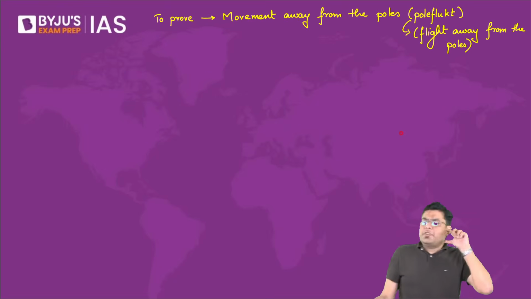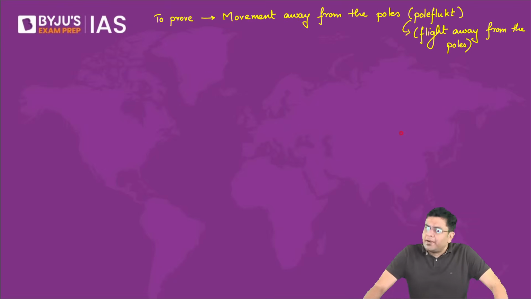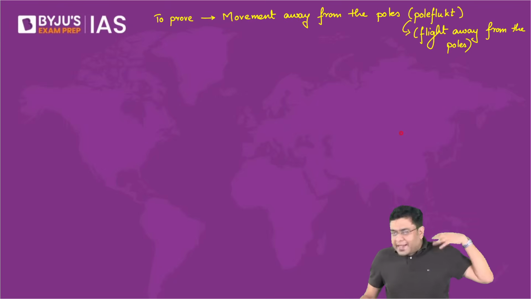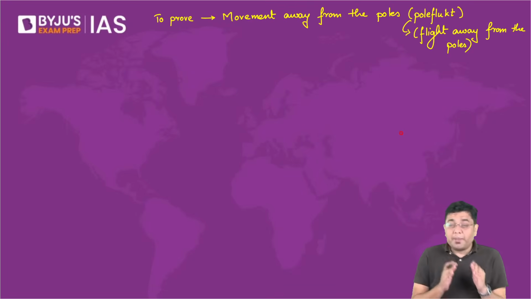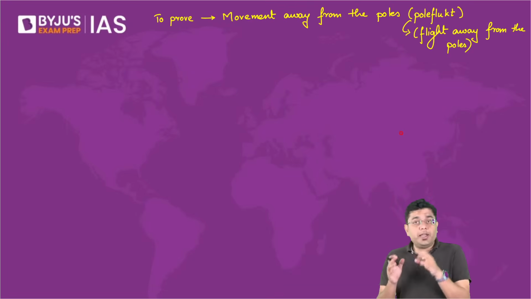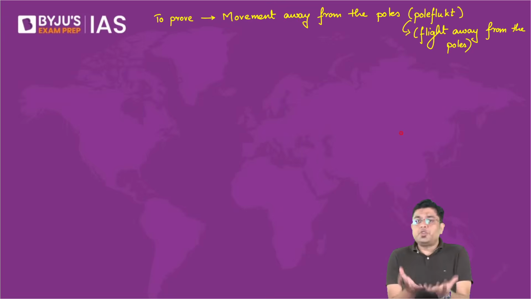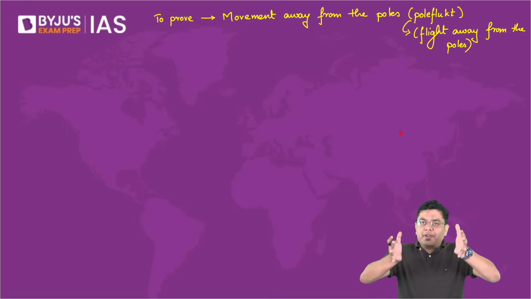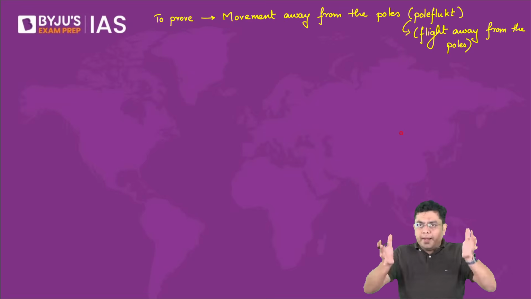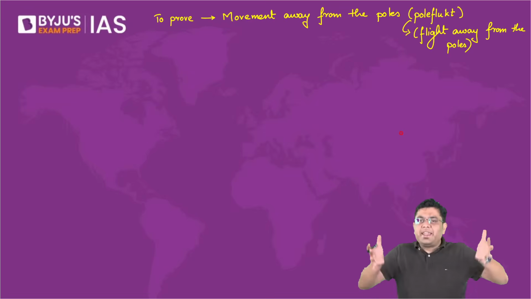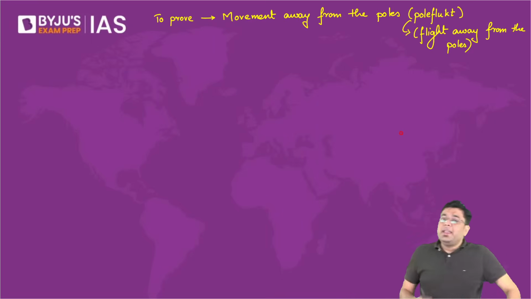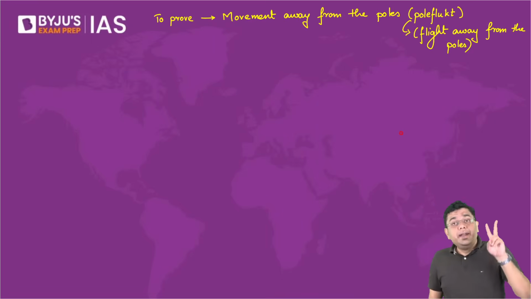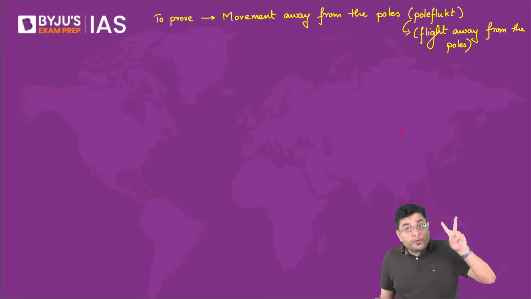So basically, he was absolutely convinced that the Gondwana land significantly had various different continental masses, including South America, Africa, India, Australia, Antarctica, all of them situated near the South Pole. And since that point of time, these land masses have come around the region of the equator. All these land masses have escaped from the region of the poles. So for this, in order to prove that, he cited the responsibility of two forces.